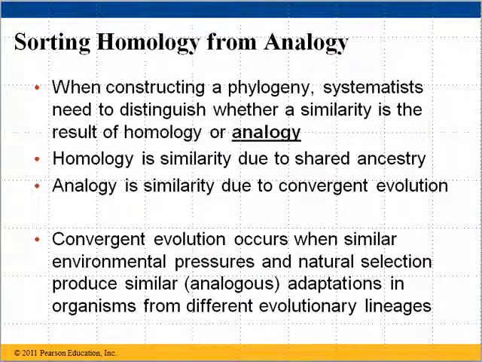One thing you have to be careful of when you're constructing these phylogenies, these trees, is that you have to be able to distinguish between analogy and homology, whether or not a characteristic or similarity is the result of common descent or whether it's analogous. In other words, is it because of convergent evolution?